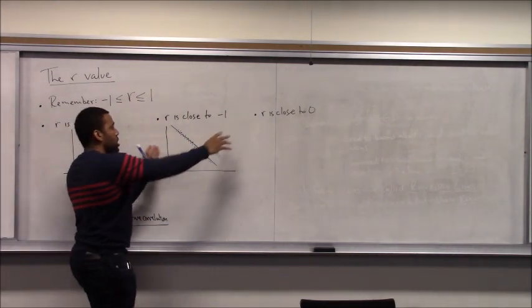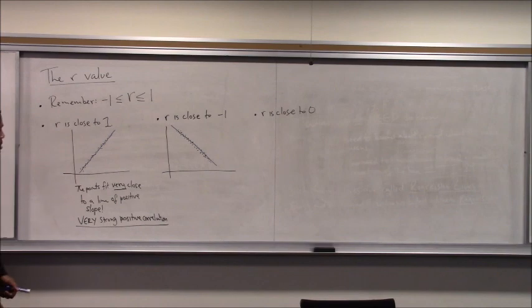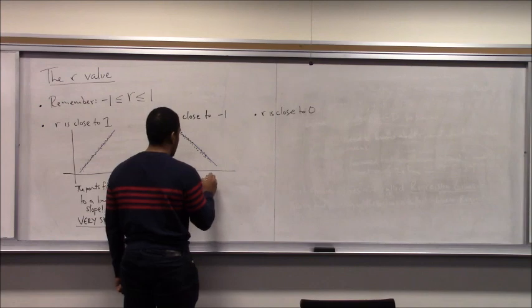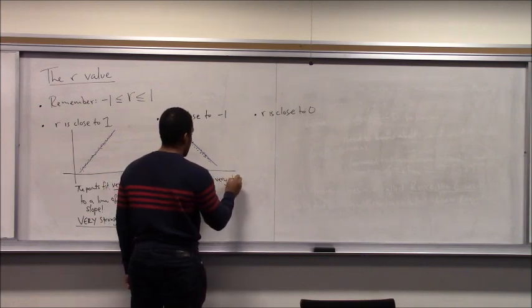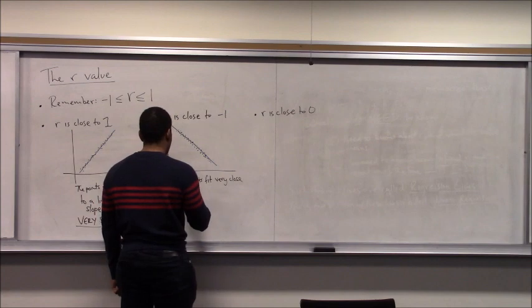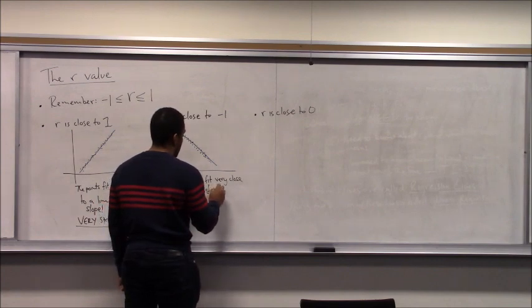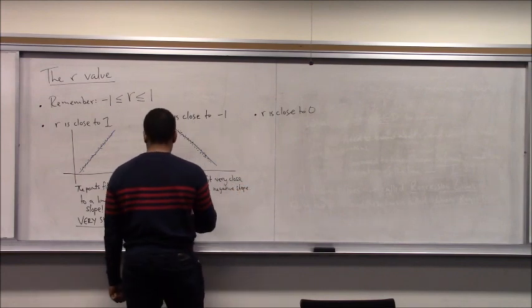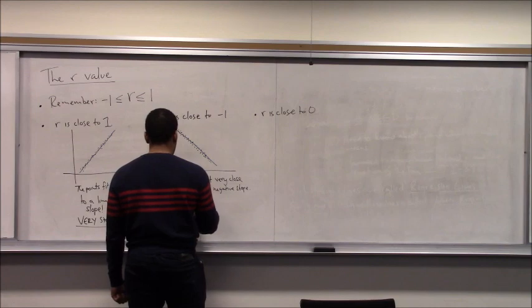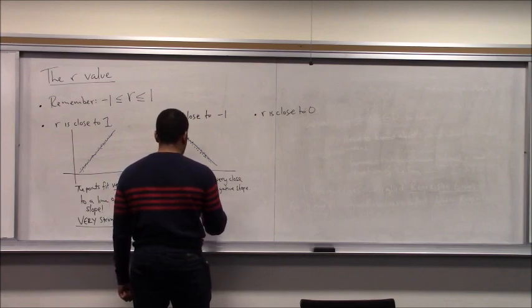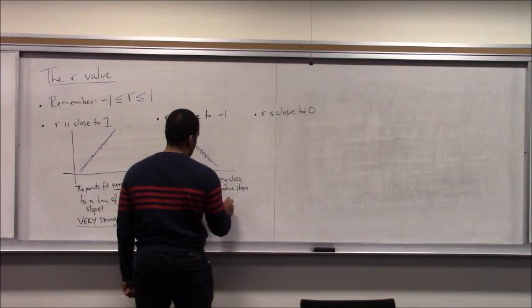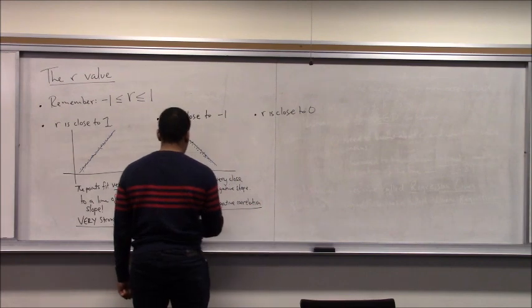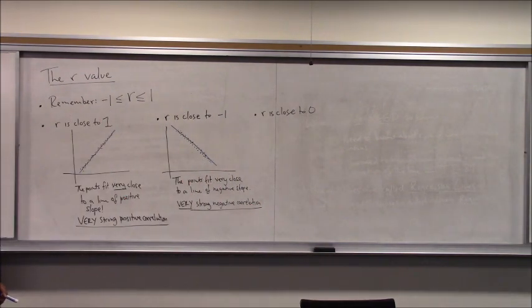And the more spread out you become, the farther away you go from -1. We call this a very strong negative correlation.